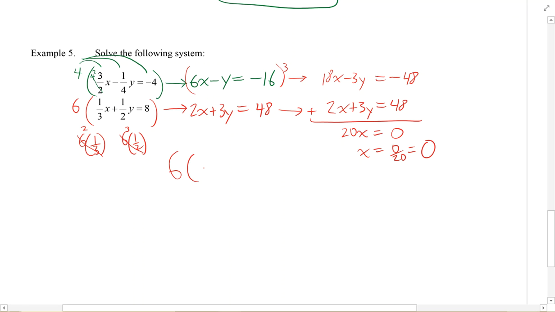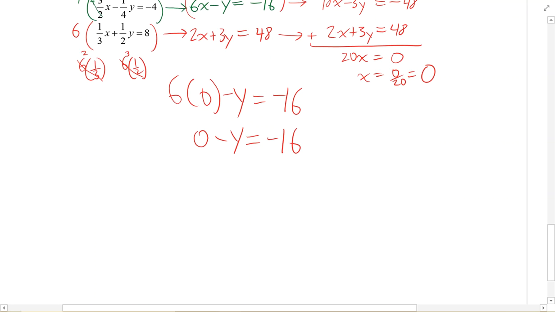So 6 times 0 minus y equals negative 16. So take the time to realize that's negative y.